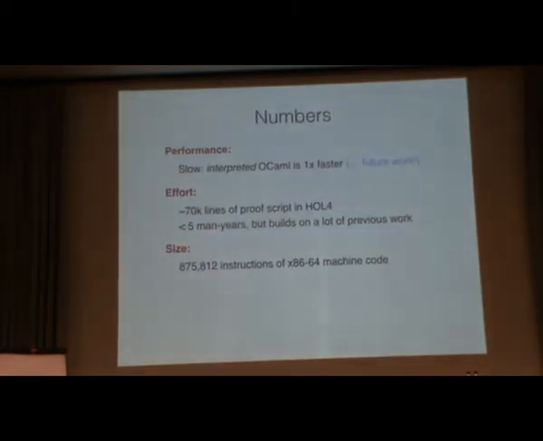Numbers: everyone asks about numbers. It's very slow. You'll see why later. Our target, it might sound silly, is to be faster than interpreted OCaml. Why is that? Because people who use HOL Light, the theorem prover we care about, are using interpreted OCaml.